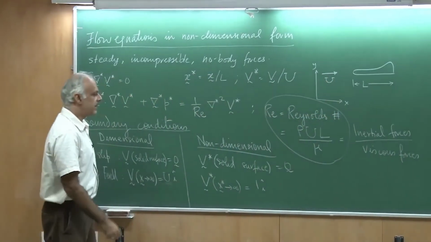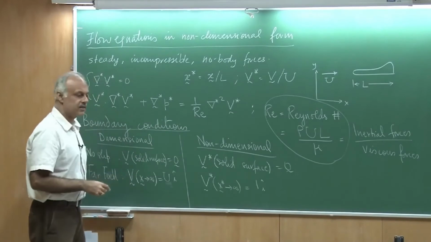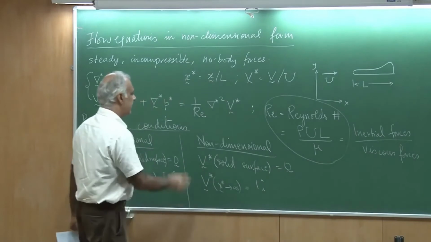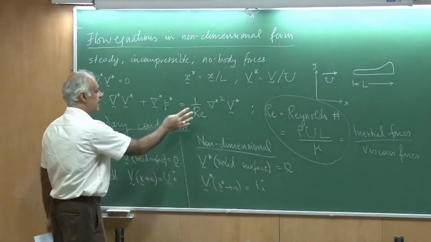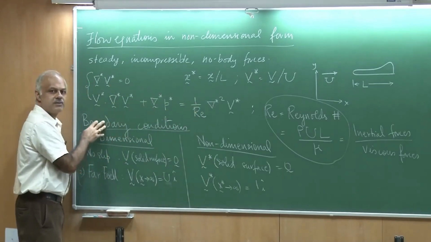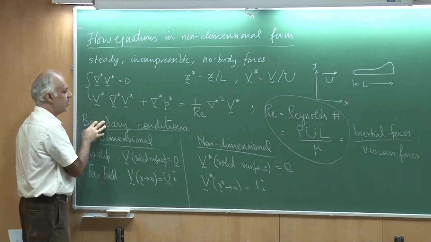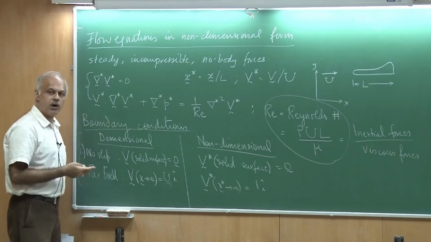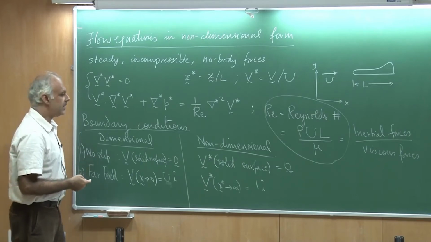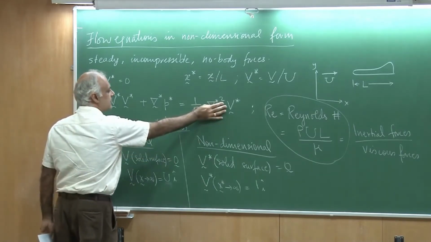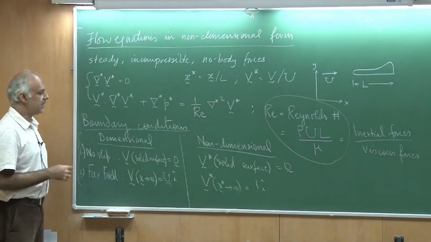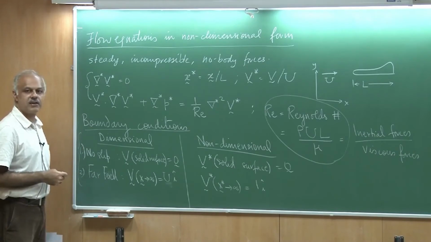Okay? So when the Reynolds number is high, that means the inertial forces are large. Then this 1 by Re is small, and therefore this term becomes very small compared to the terms on the left hand side. On the other hand, if my Reynolds number is very small, much less than 1, then my viscous terms actually dominate the inertial terms, and then I can do my analysis accordingly.